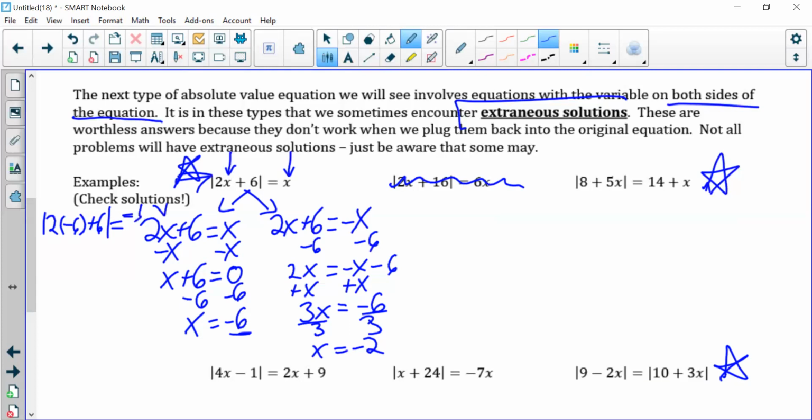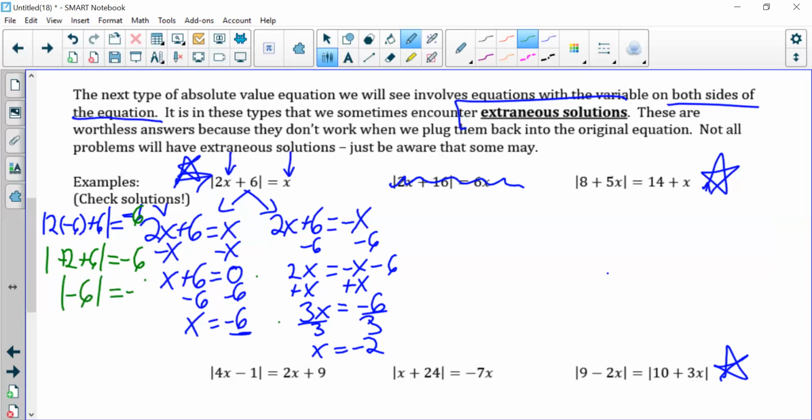Let me pick a different color just so we can see. 2 times negative 6 is negative 12 plus 6 equals negative 6. Negative 12 plus 6 is negative 6.